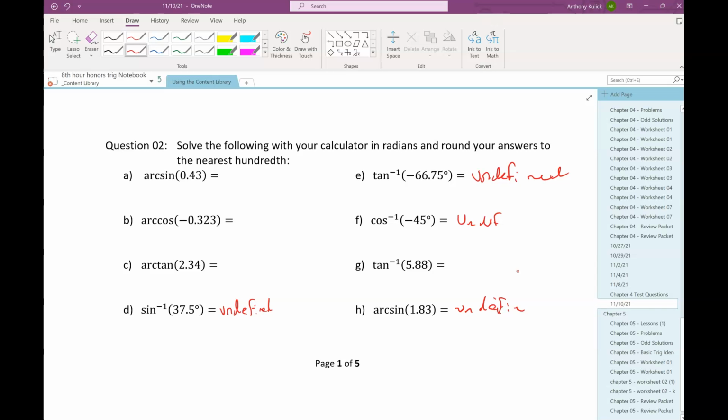So these are just type it in your calculator, but you have to make sure that what you're typing in is not a bunch of nonsense. You know what I mean? If I tell you to do 7 plus square root symbol, you should be like, that's nonsense. Same thing here.